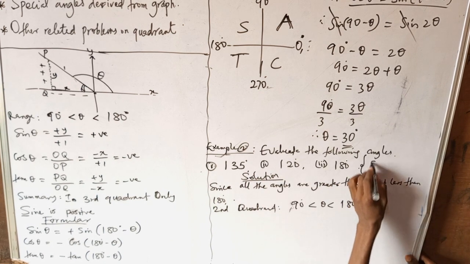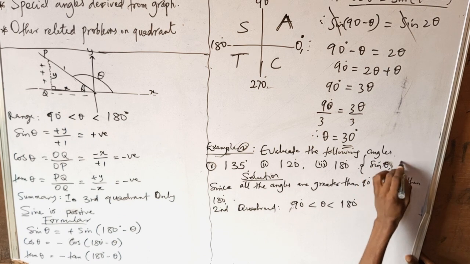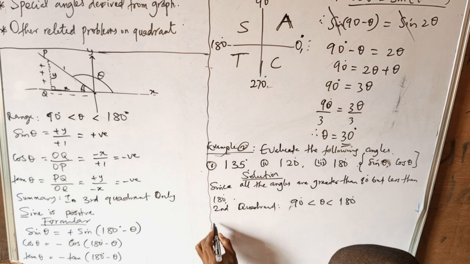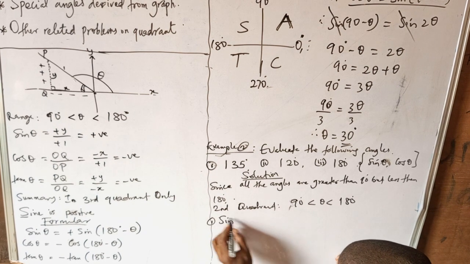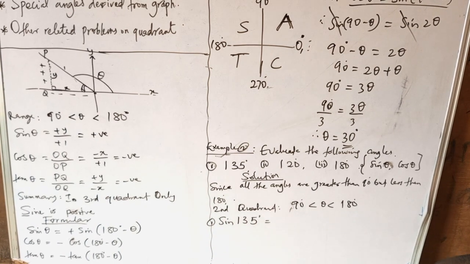Let's use only sine and cosine as our case study here. Sine theta, then cos theta. So the first one I have is sine 135 degrees. So I'll go back to my quadrant. My theta is 135. What is the formula?